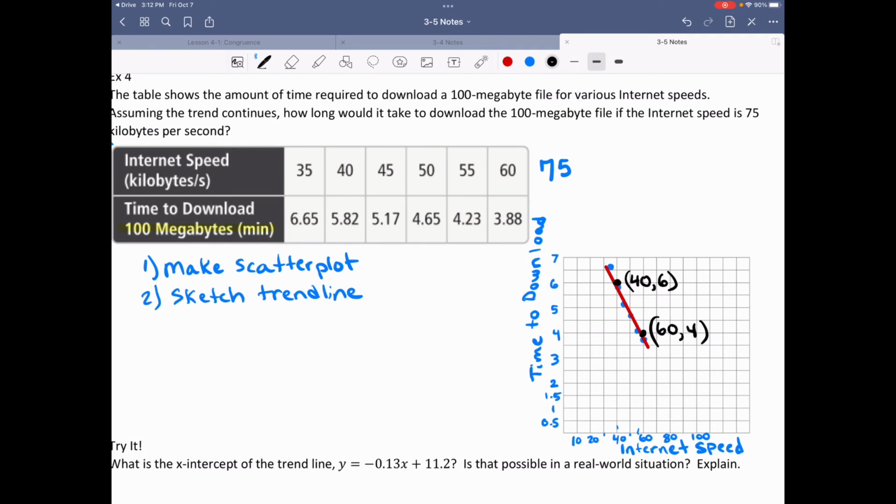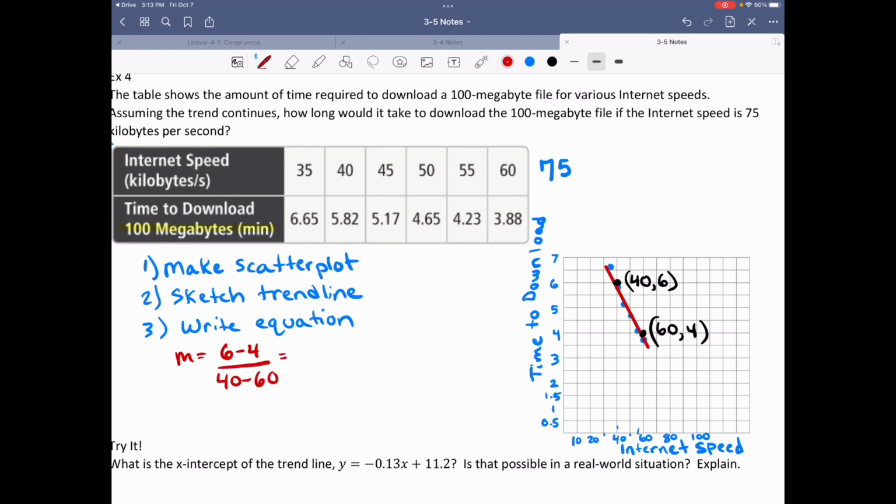And then we need to write its equation. So same thing, we're going to take the 2 points, we're going to find the slope. So the y values are 6 minus 4. The x values are 40 minus 60.